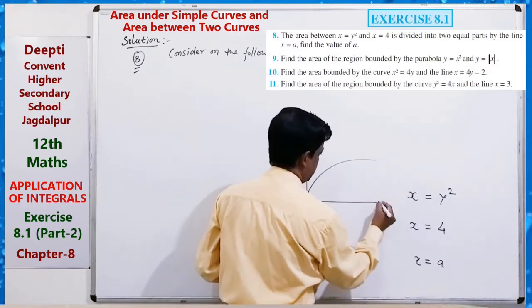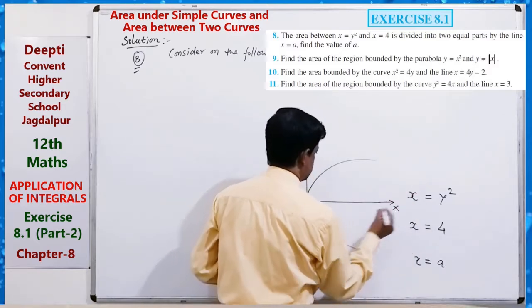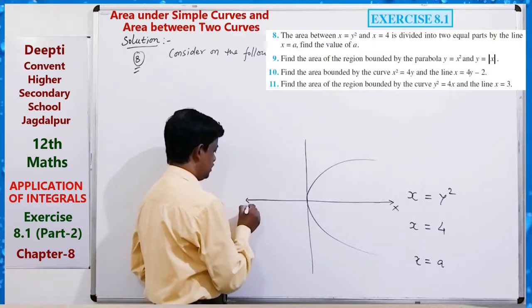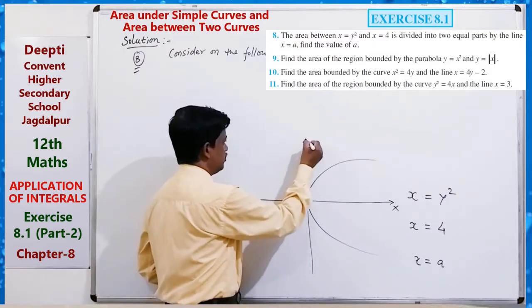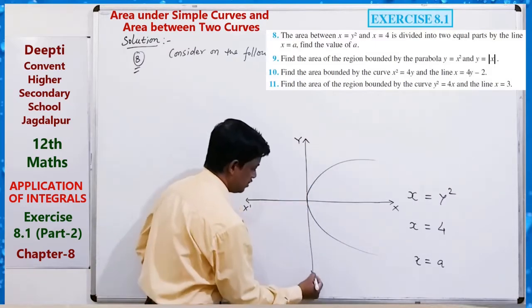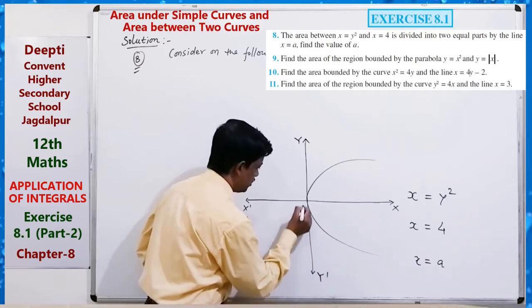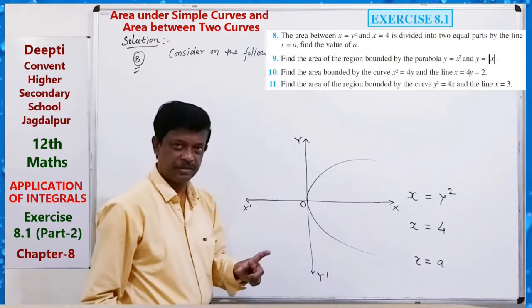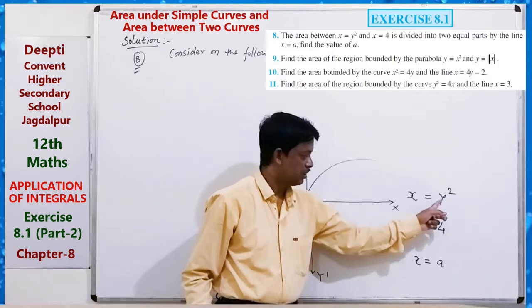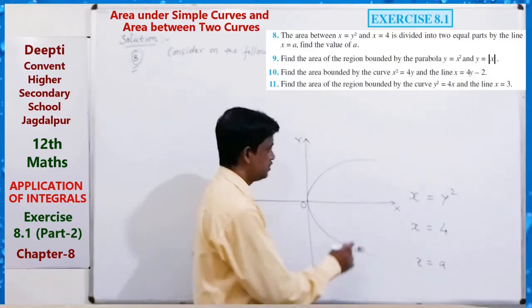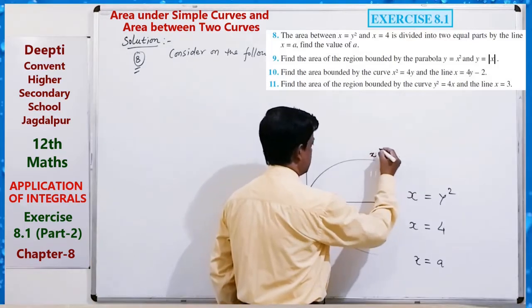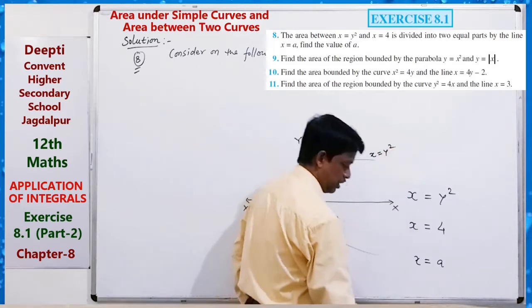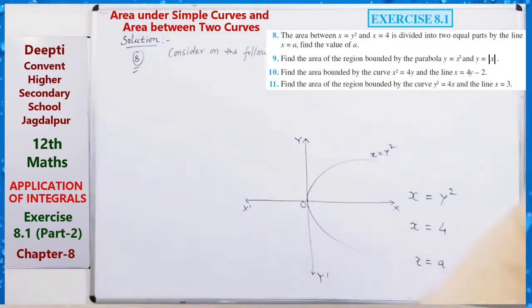This is the parabola, this is the x-axis and this is the y-axis, and this is the origin. We have to draw x equals y square, this parabola. Clear?